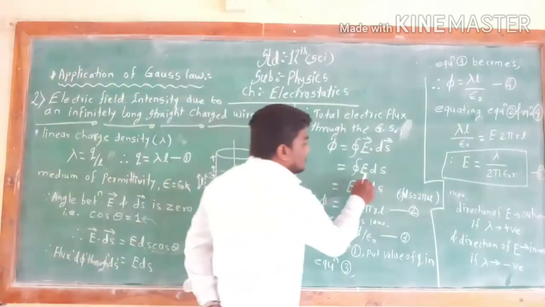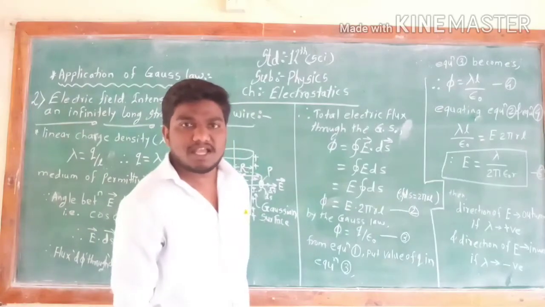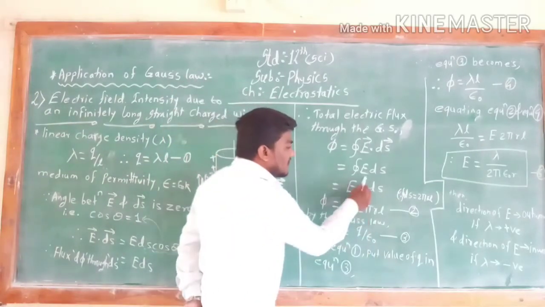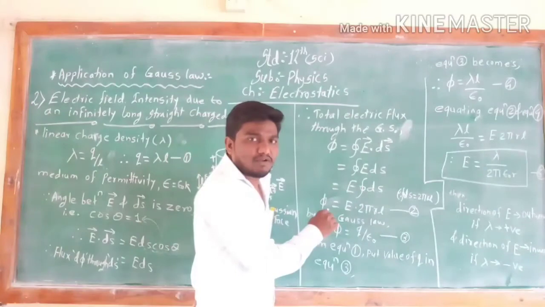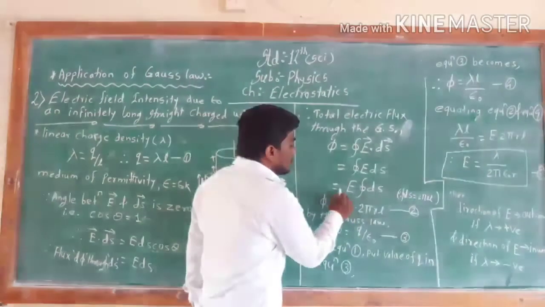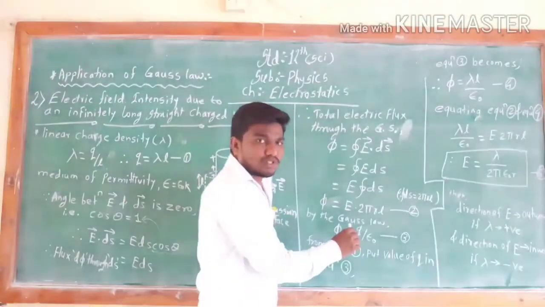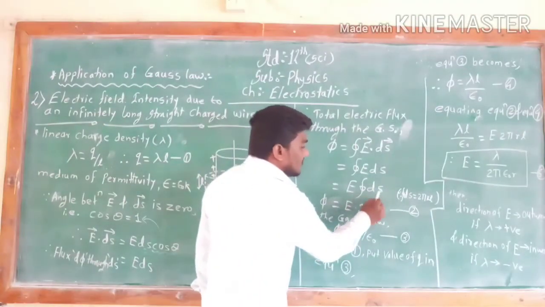Here E is constant, therefore E comes outside the integration. Therefore, we can write phi is equal to E times the integration over the closed surface ds.